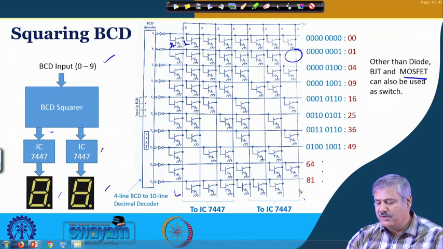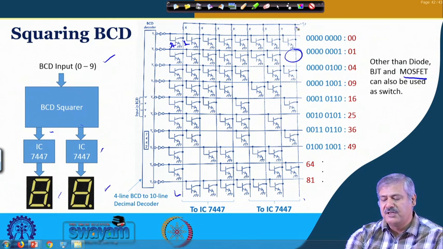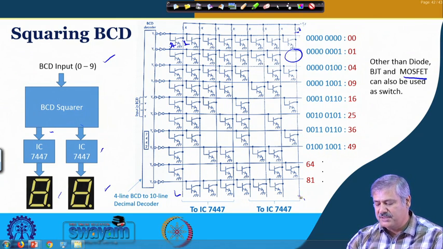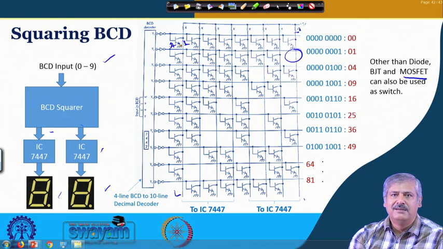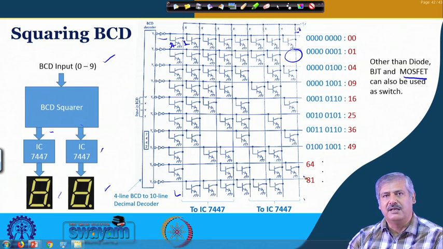Depending on the load impedance, some current will be drawn and some voltage dropped across this particular resistance, but that will be sufficiently small for the output to be recognized as logic high. So the presence of a transistor will give you a low value when this particular row is accessed, and absence of a transistor will make it high. Is this part understood?